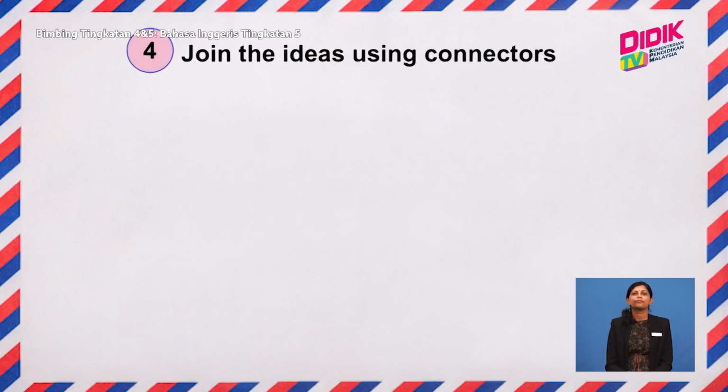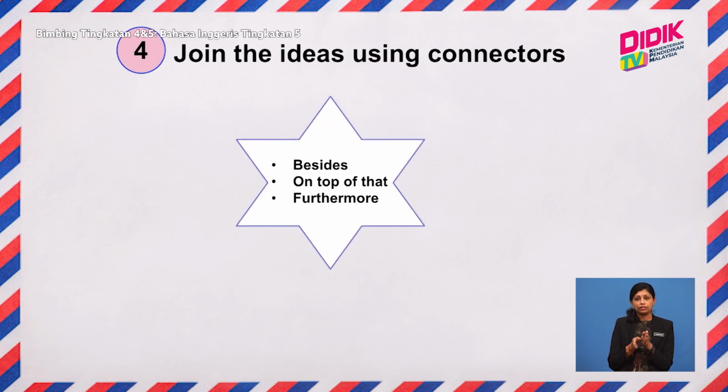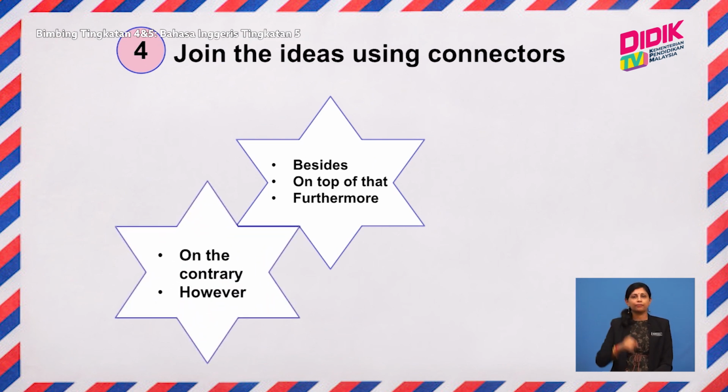I am very sure your teacher would have taught you some connectors by now. Here are a few that we can use in our letter later. When you want to add on to your information, you can use besides, on top of that, and furthermore. If your idea is different, you can use on the contrary or however.